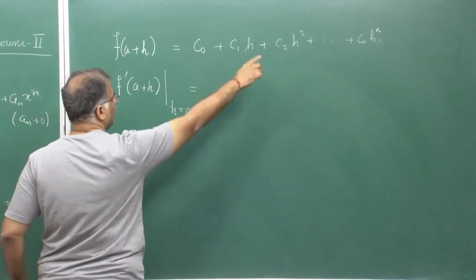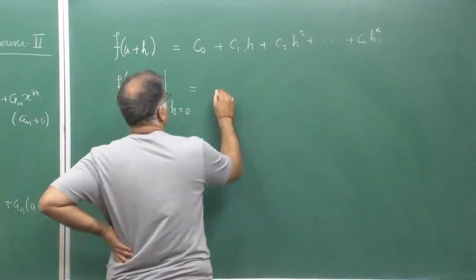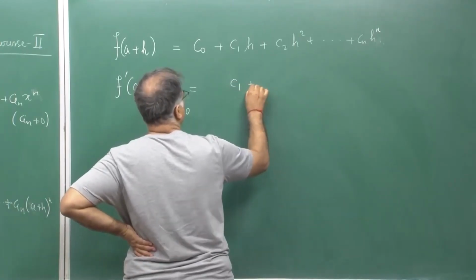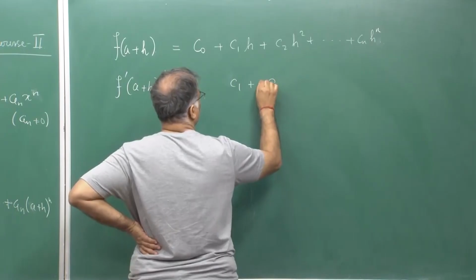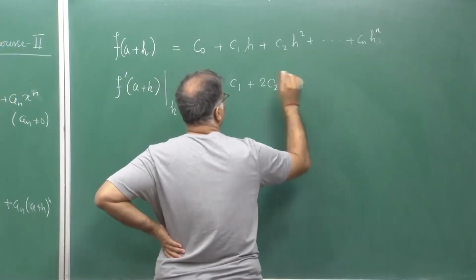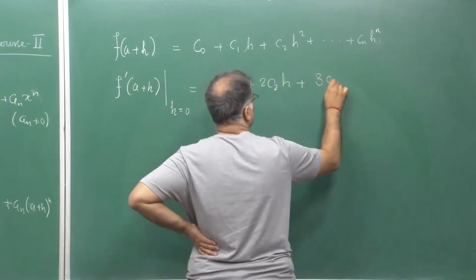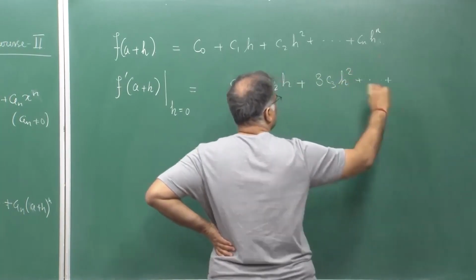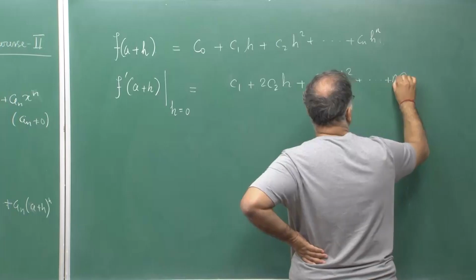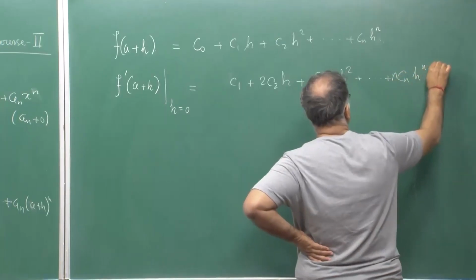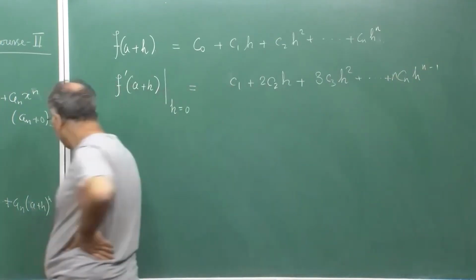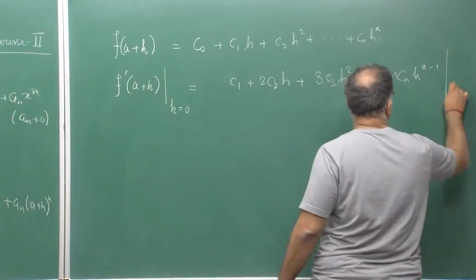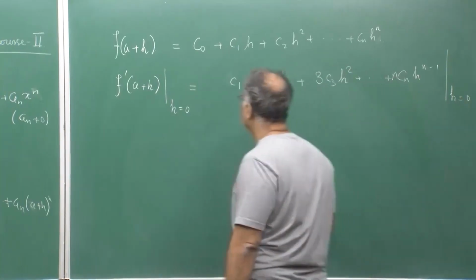If you calculate the derivative of this, it will become c1 plus 2 c2 h plus 3 c3 h squared plus so on up to n cn h^(n minus 1). Now, I am computing it at h equal to 0.